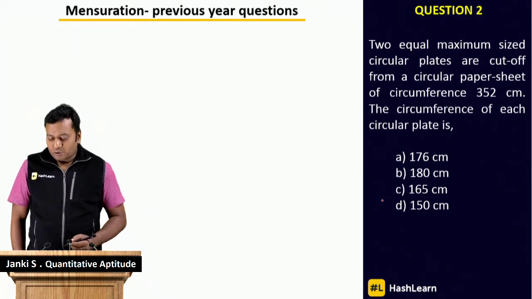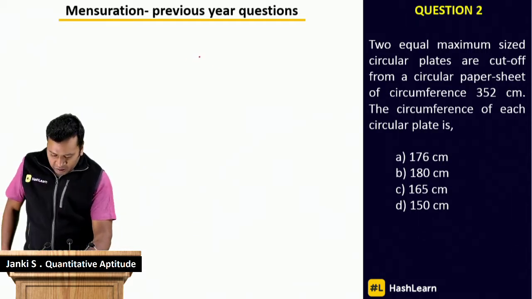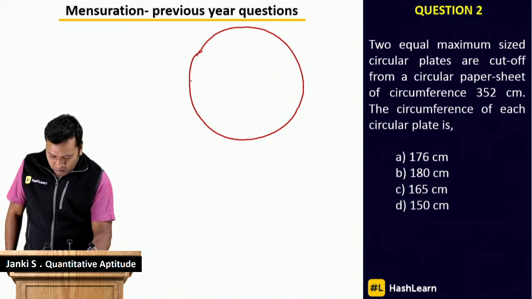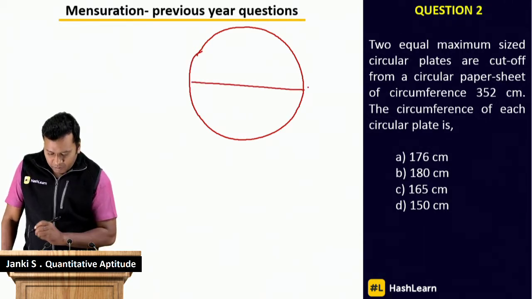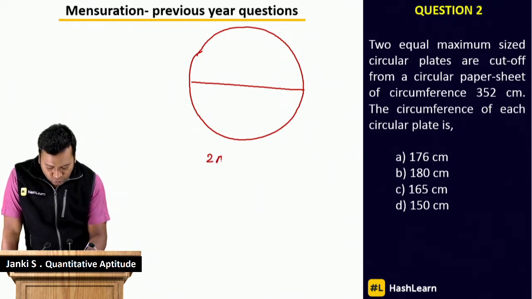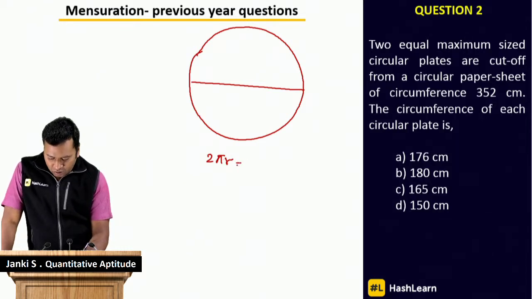सेकेंड केस, 2 equal maximum size circular plates are cut off from the circular paper sheet of circumference 352। तो एक बड़ा सा सर्कल ले लेते हैं पहले। ये एक सर्कल है एज्यूमिंग, और ये इसका डायमीटर है। अब इस सर्कल का सर्कमफ्रेंस कितना है, सर्कमफ्रेंस इज नथिंग बट 2πr और 2πr इज इक्वल टू 352। Let's find out the value, pi value.